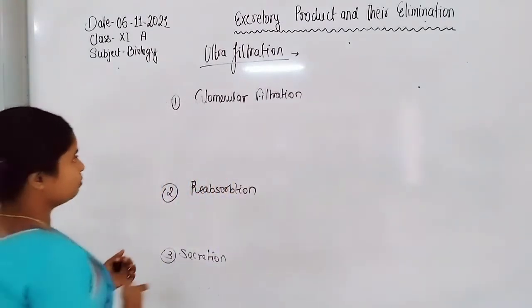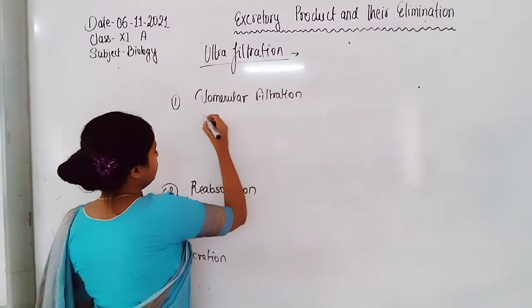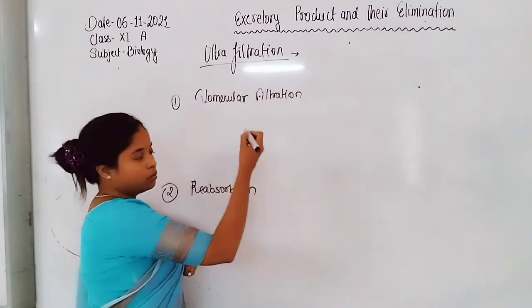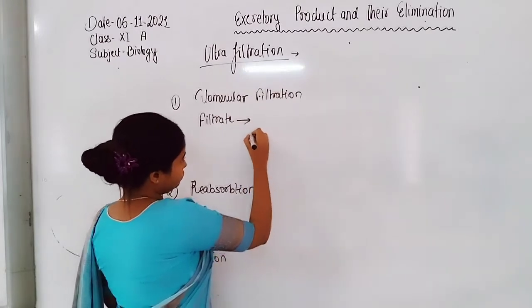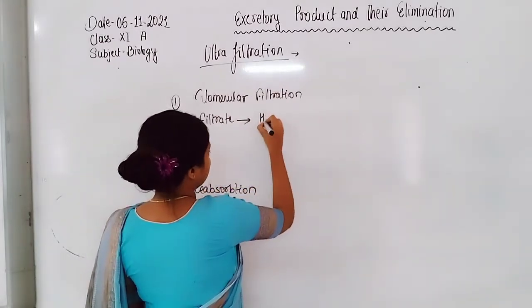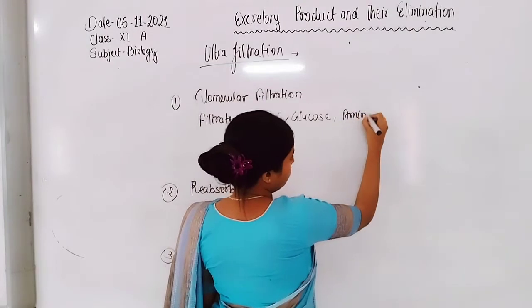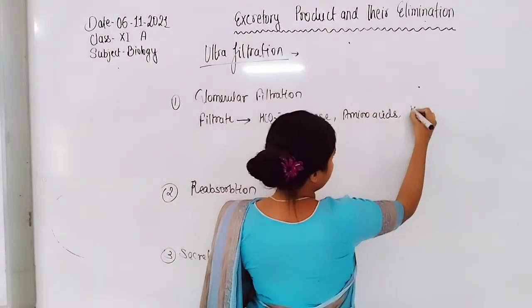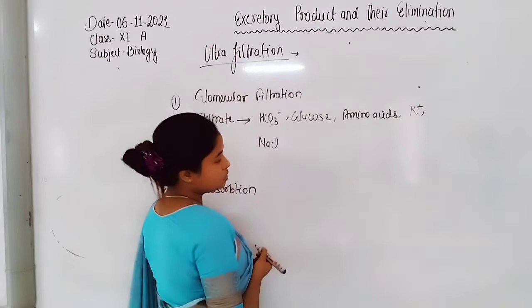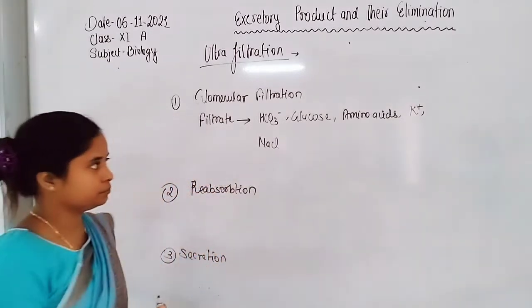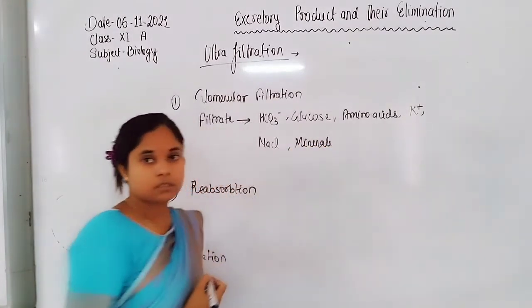The glomerular filtration is done by the filtration membrane of the podocyte. The filtrate that passes through the podocyte constitutes only bicarbonate ion, glucose, amino acids, potassium ion, sodium chloride ion, minerals and nutrients which have a small size.